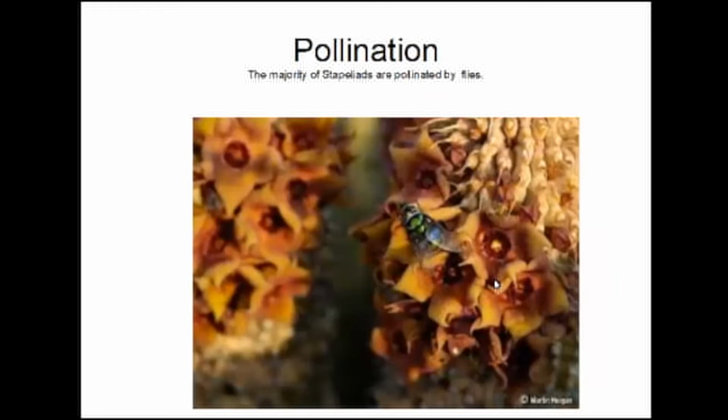So different shapes and different colors, but all of them are designed to be attractive to flies, because flies are the insects that pollinate these plants, that pollinate these flowers.